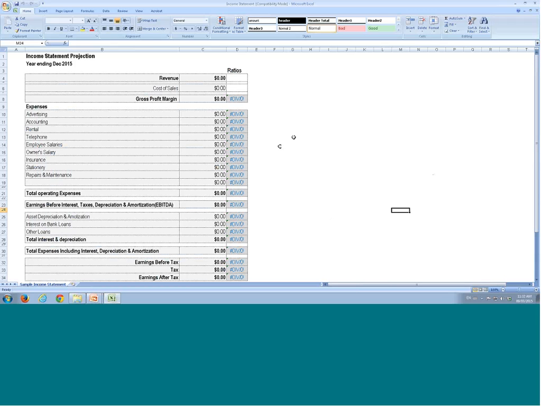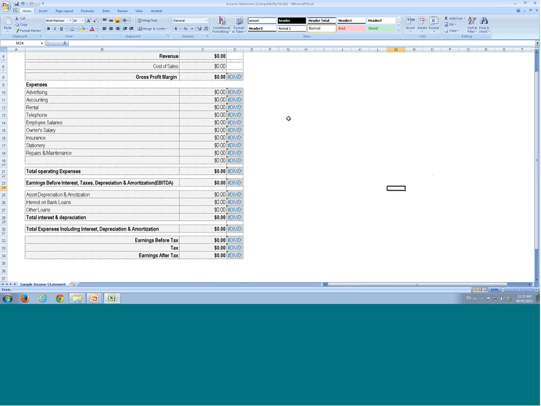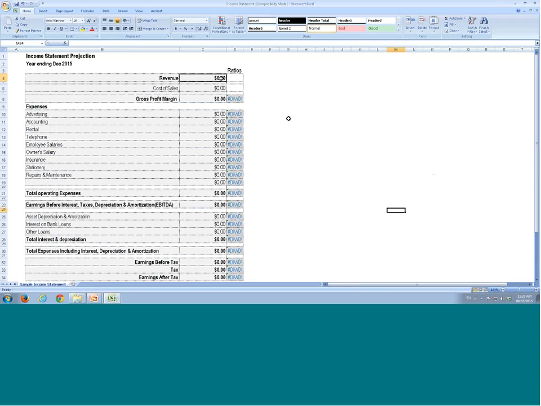So what I'm going to do here is show you a little example of an income statement. I'm going to create a very simple one that would reflect a business at the end of the year. So let's use an example. Let's say this is a business that did $150,000 last year, and I'm rounding off the numbers just because it makes it easier for me. And let's say it was a service business, and what they do is they sell content.